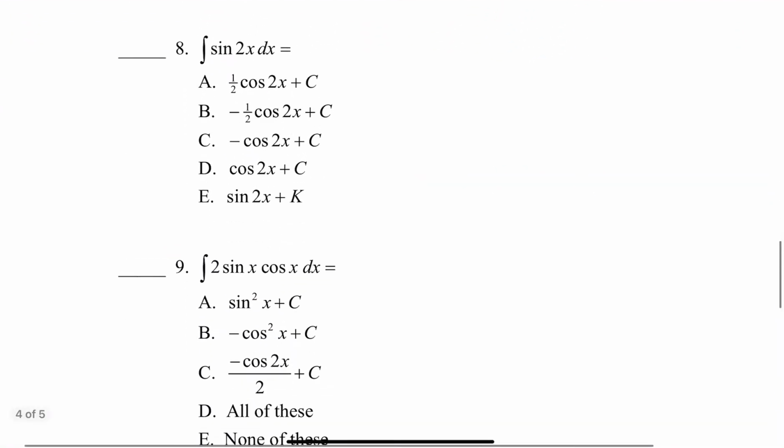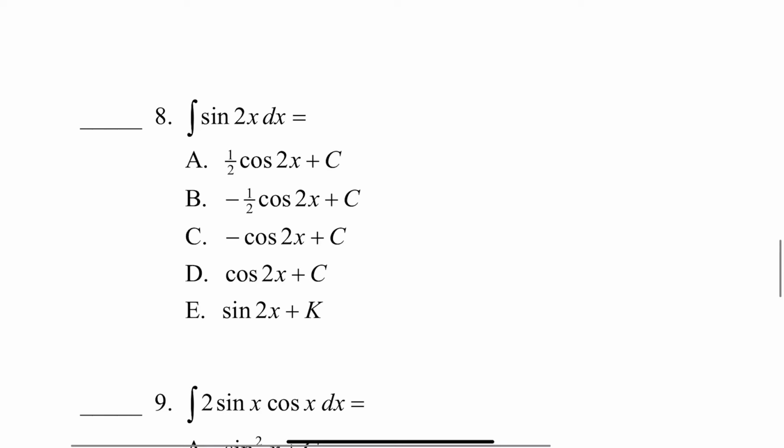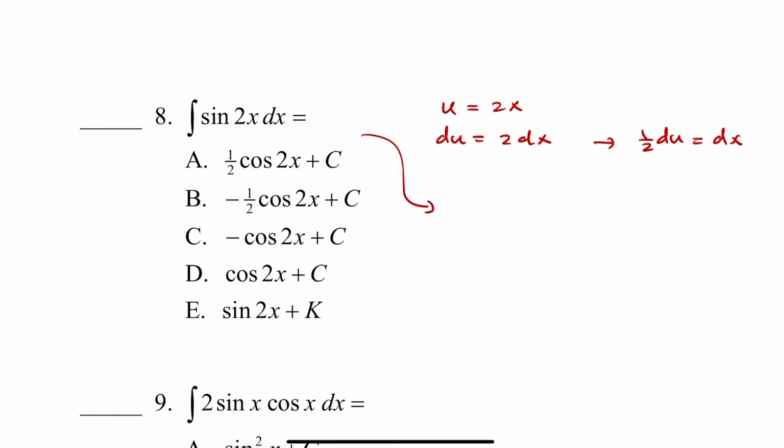Let's move on. Number 8. So this one is another u sub. u equals 2x. So when you take a derivative, du equals 2dx. So 1/2 du becomes just dx. So that given equation changes to integral sine u, instead of dx 1/2.